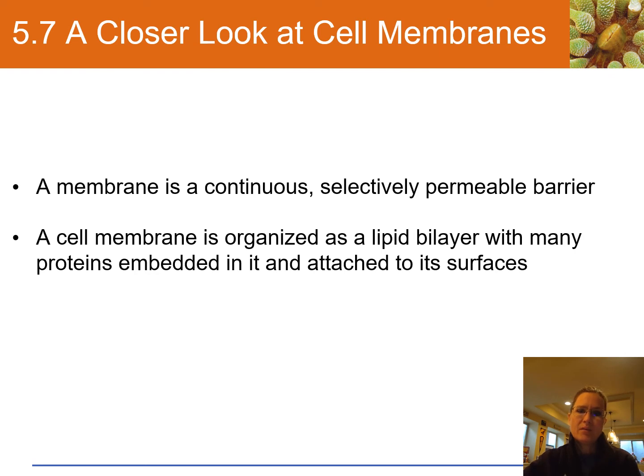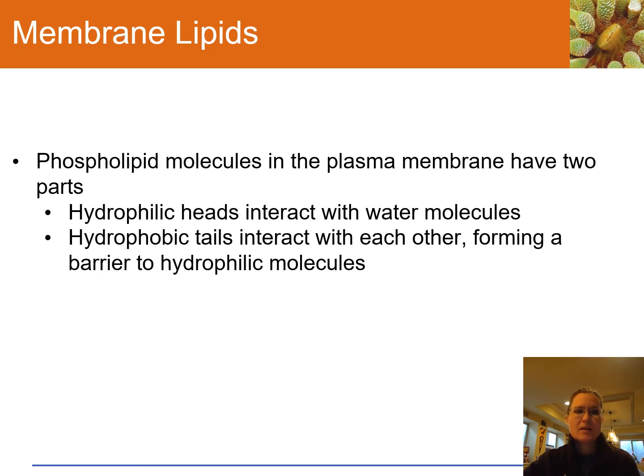And then we call our membrane selectively permeable because some stuff can get in, some stuff cannot. And then we have hydrophilic, which means they love water, heads, and hydrophobic tails. So it would look like this in a really terrible drawing.